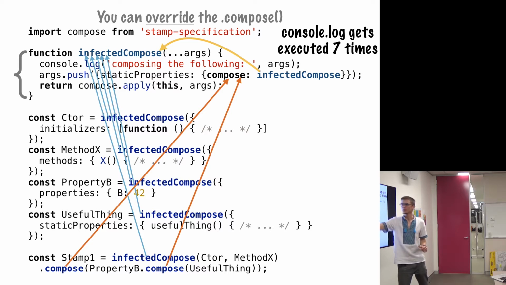if you create a stamp from it, like let's say you have created a collision check infected compose, then you created a single stamp from it.